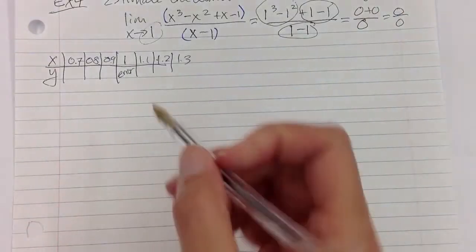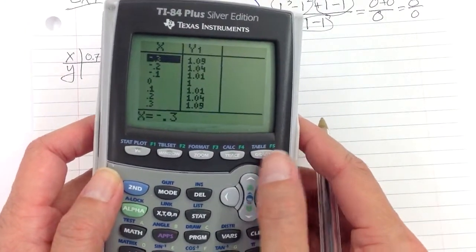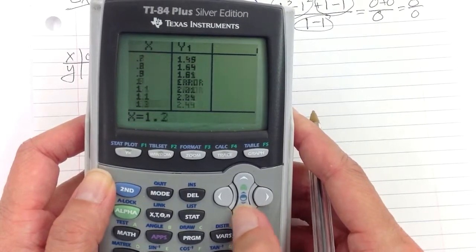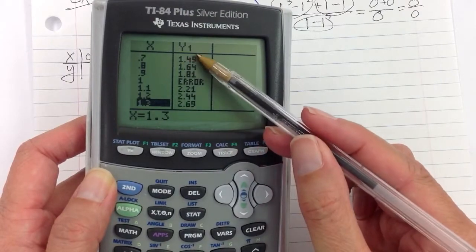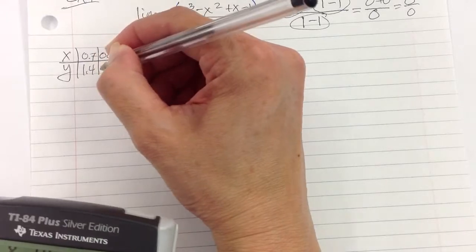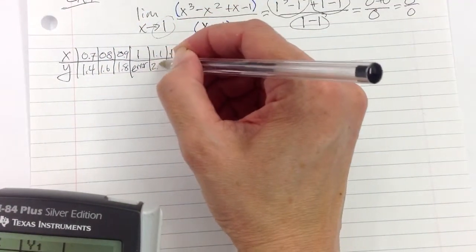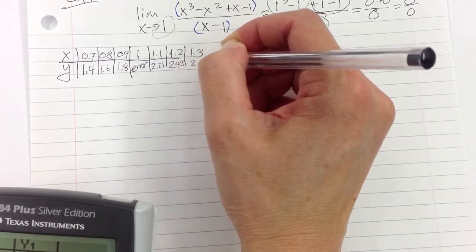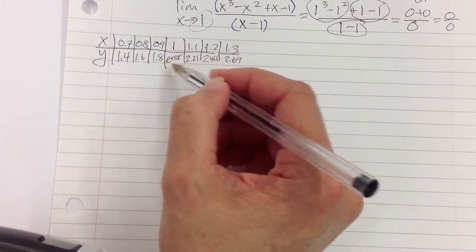So these values, let me go to my table setup, and you can see I want to go down to 1. Okay, so this is where I want to be. Here's my error. Before 1 we have 1.4, 1.6, 1.8, and after 1 we get 2.21, 2.44, and 2.69, so you can tell that in between is 2.